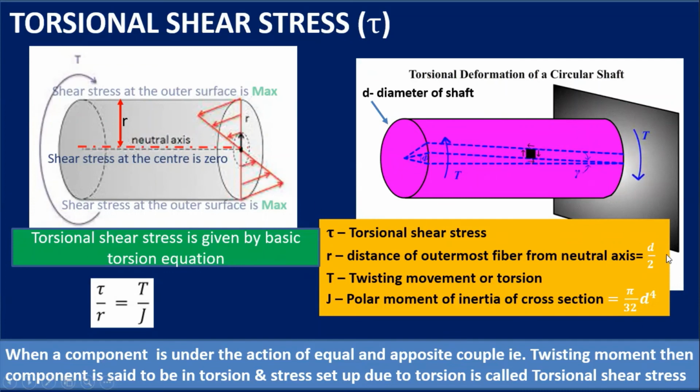That's why the radius will always be d by 2. T is the twisting moment, or we can say the torsion, and J is the polar moment of inertia of that cross-sectional area. In this case, it is a circular one, so it is given by pi by 32 d raised to the power 4.